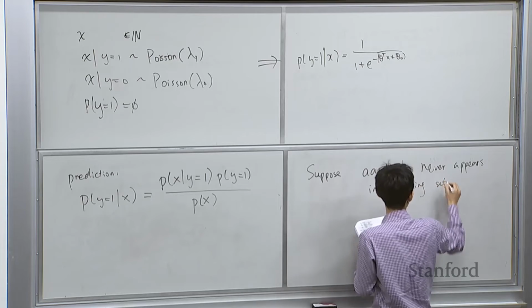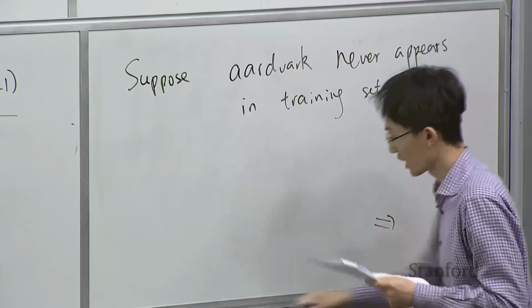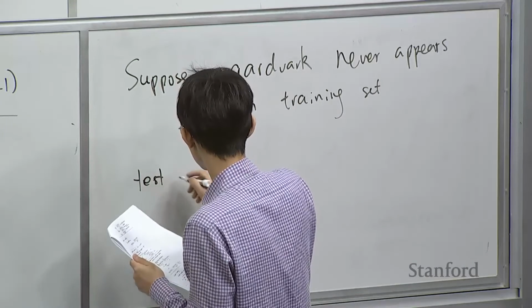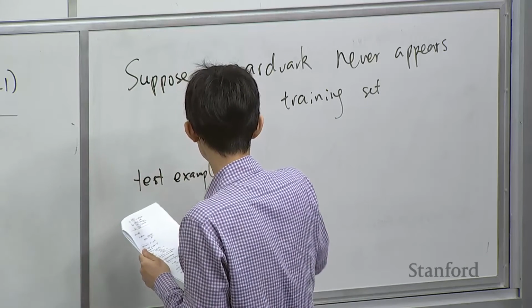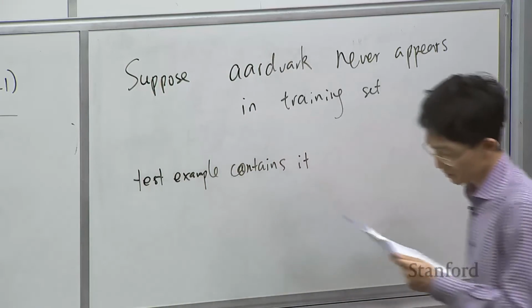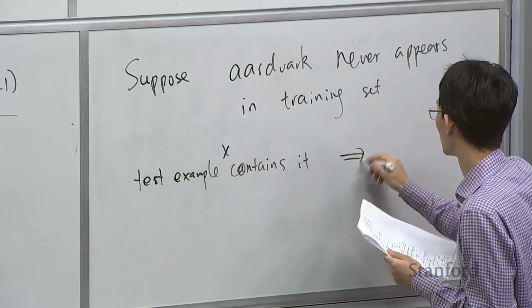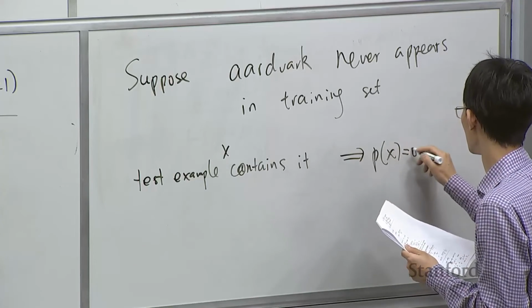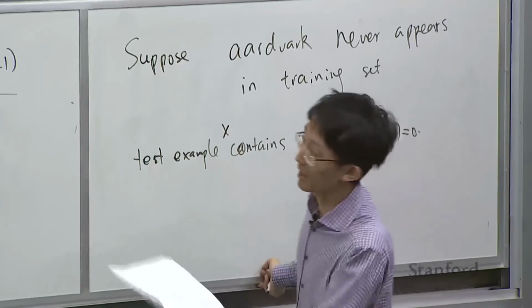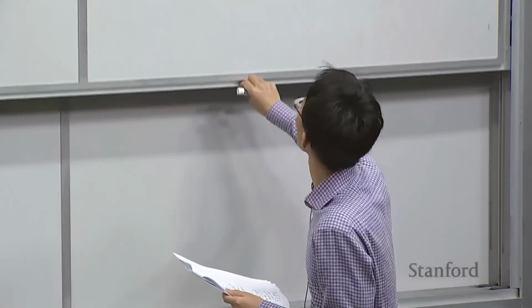And I'm claiming that if your test example, let's call it x, contains it, then p of x will be considered as 0. Why? Let's somewhat simulate this algorithm and see what phi we're going to compute from this.